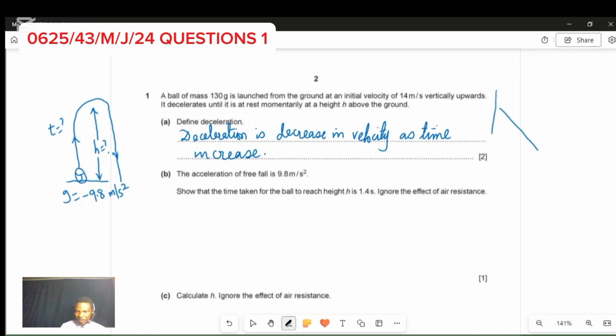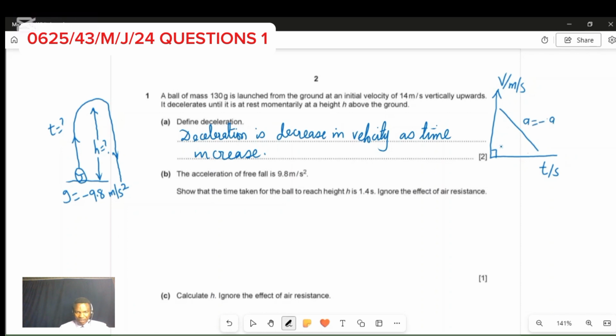If this is the v-t graph, so this is time, and this is the velocity in meter per second, and the velocity is decreasing as time is increasing, then this is going to have a negative acceleration.